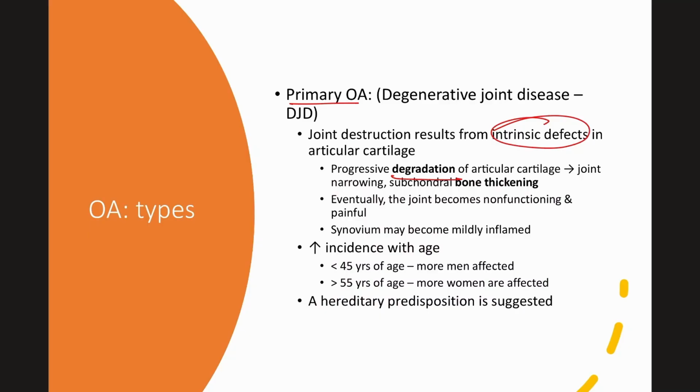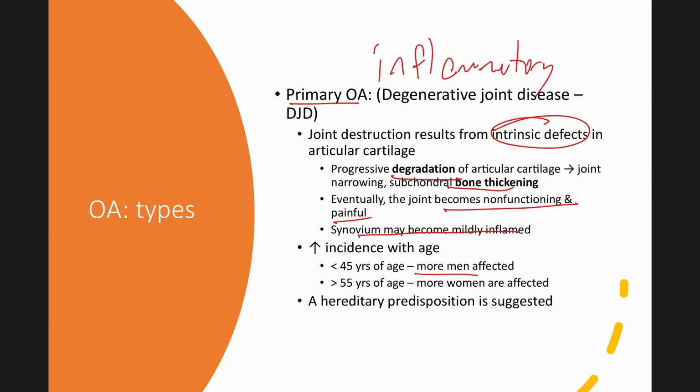We get subchondral bone thickening. Eventually the joint becomes non-functioning and painful, and the synovium may become mildly inflamed as well. So it's an inflammatory disease. Okay, it causes inflammation from the damage to the articular surfaces, causing pain and swelling. Increased incidence with age.